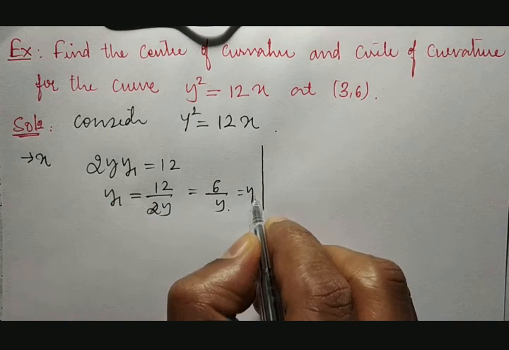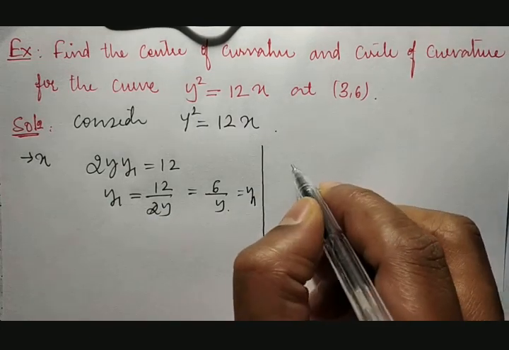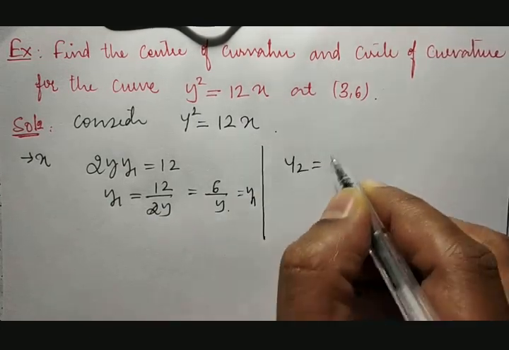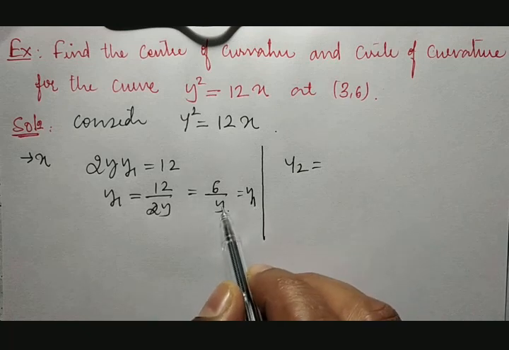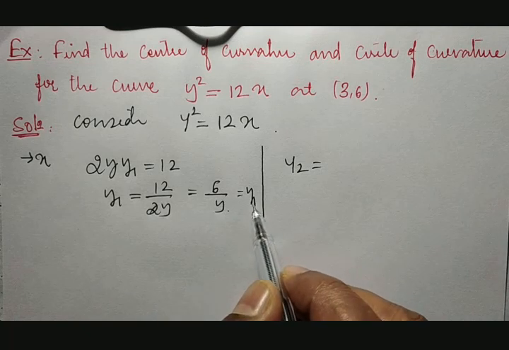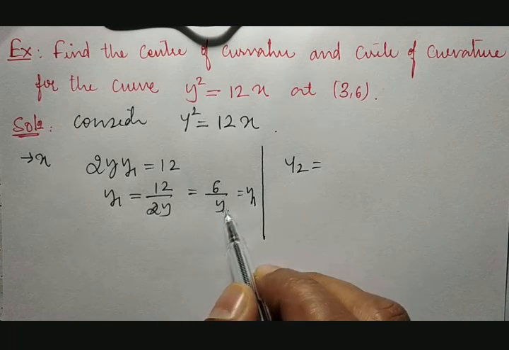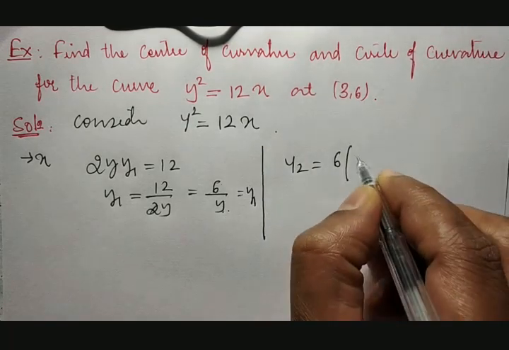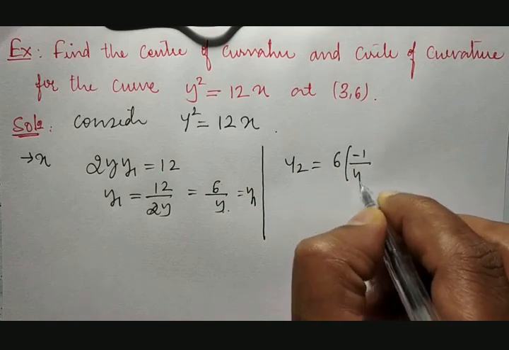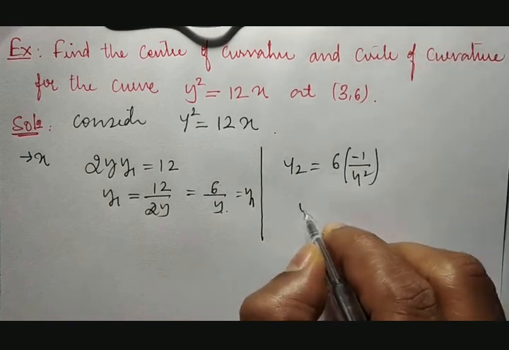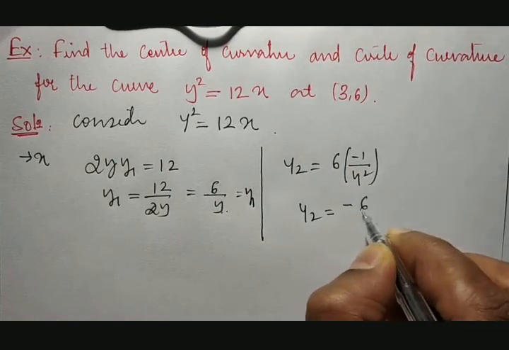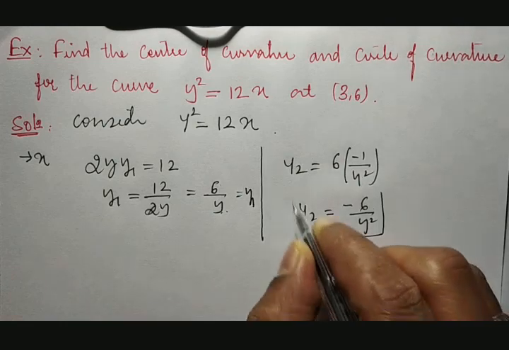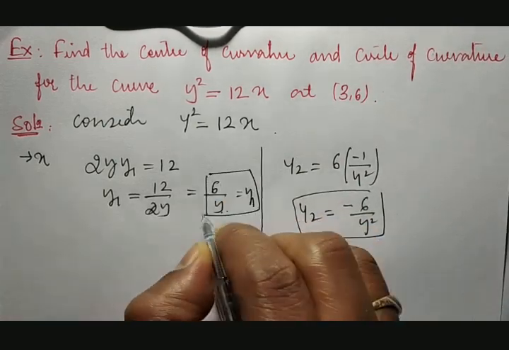Similarly, what is y2? Differentiating this with respect to x, y2 is 6 into minus 1 divided by y square. Therefore, y2 is equal to minus 6 by y square. Clear? So we got y1 and y2.